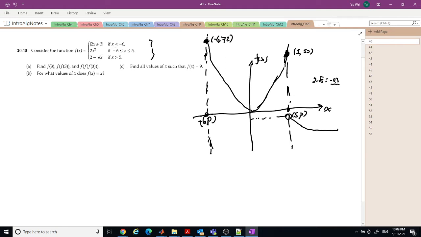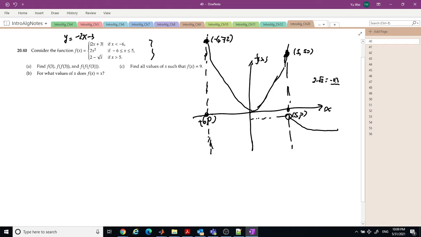If x is less than -6, so this is less than 0, it will be -2x minus 3. So y equals -2x minus 3.